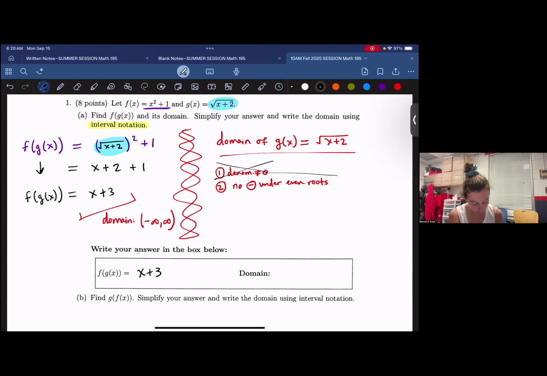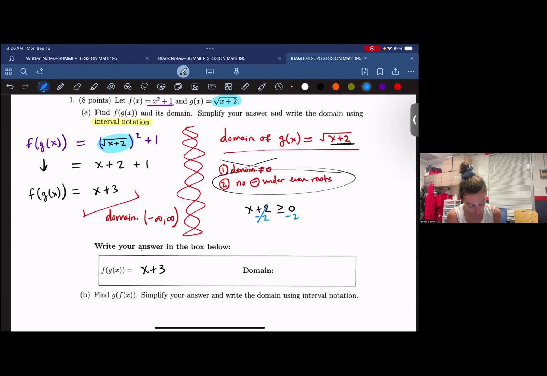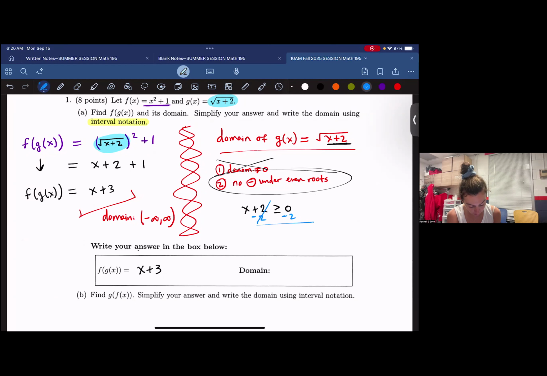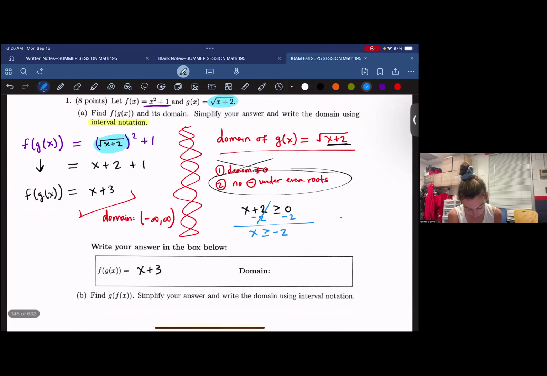So we just want to hone in on that second condition, which means we want to look at this x plus 2, and we want to set that greater than or equal to 0. Inverse operations tells us that we're going to subtract 2 from both sides, and we're looking at all values of x that are greater than or equal to -2. In interval notation, this is just hard bracket -2, comma, infinity.